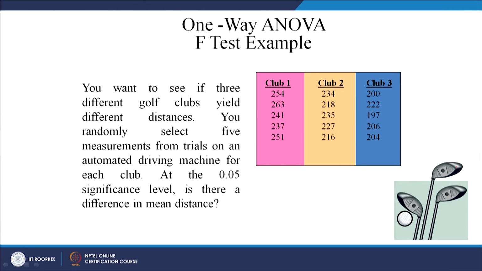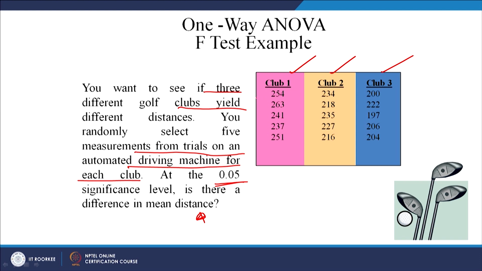Let us look at one more example on one-way ANOVA. You want to see if 3 different golf clubs yield different distances. You randomly select 5 measurements from trials on an automated driving machine for each club at the 0.05 significance level. Is there any significant difference in mean distance? So, these are the data points you have been given.